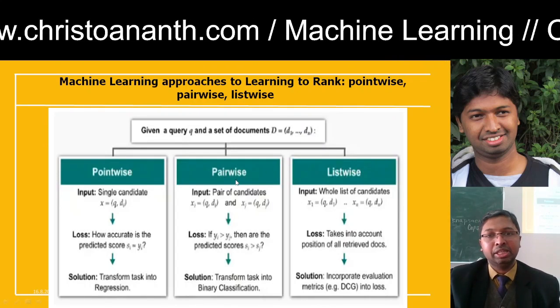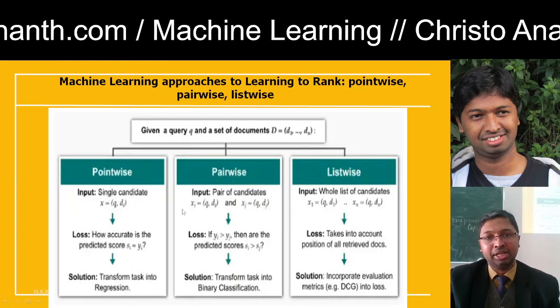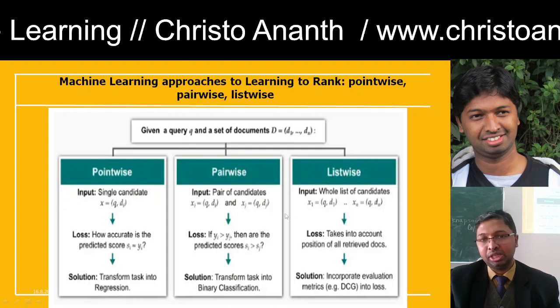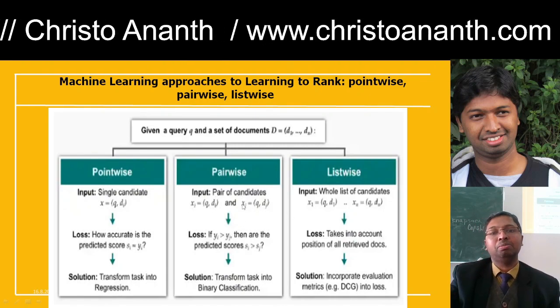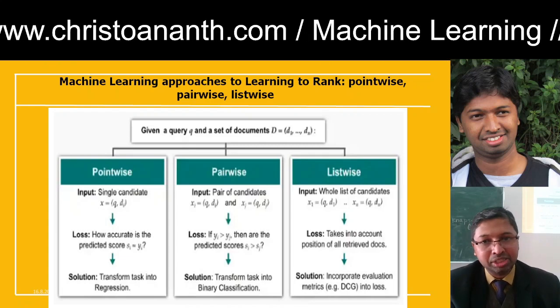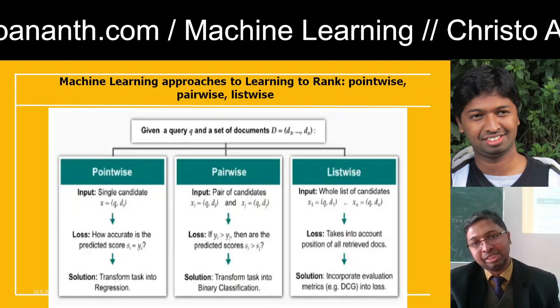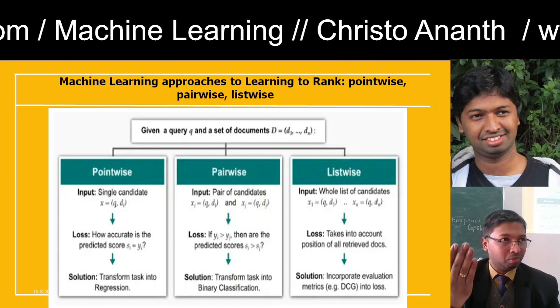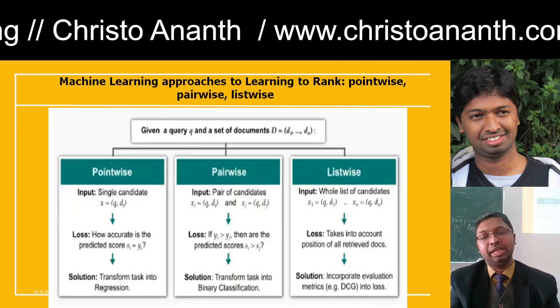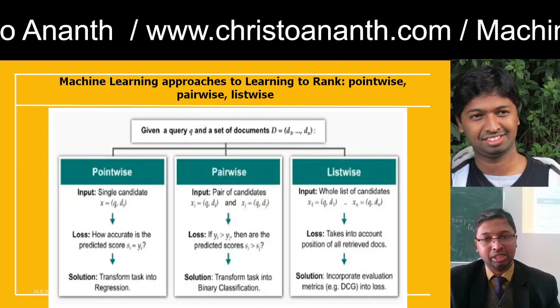For the pairwise method, you will have a pair of candidates, xi and xj, so (q, di) and (q, dj). You will be calculating the loss on whether yi is greater than yj or yi is less than yj. In this case, if yi is greater than yj, then the predicted score si should be greater than sj.